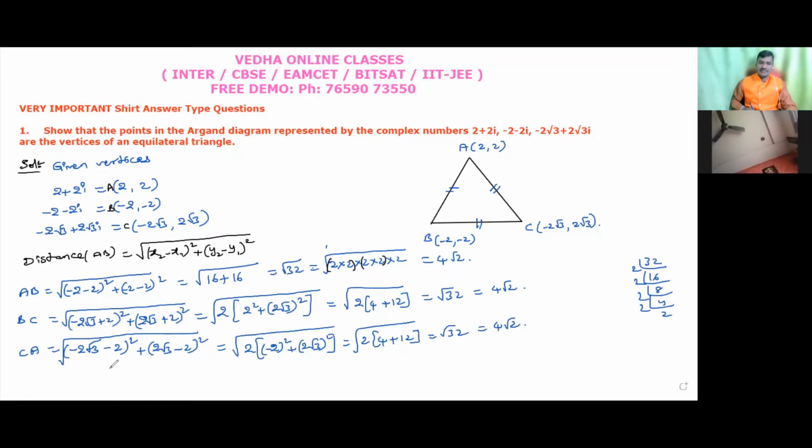All the sides are equal. Therefore, AB equals BC equals CA, and all the sides are equal to 4 root 2.